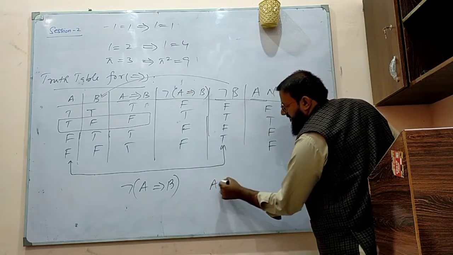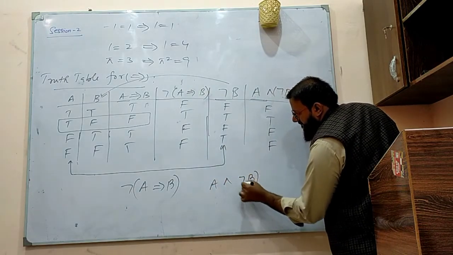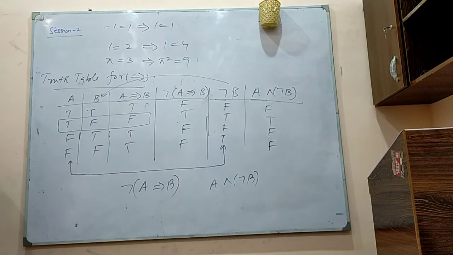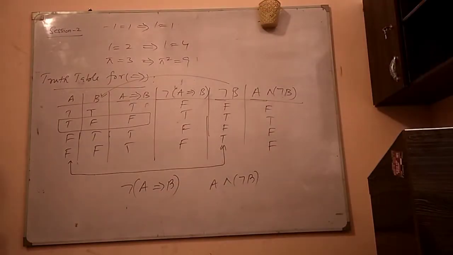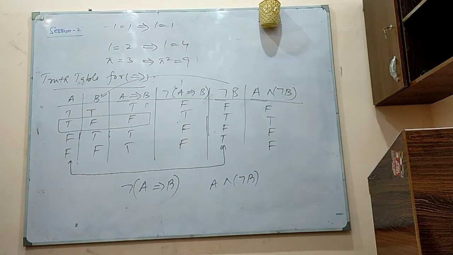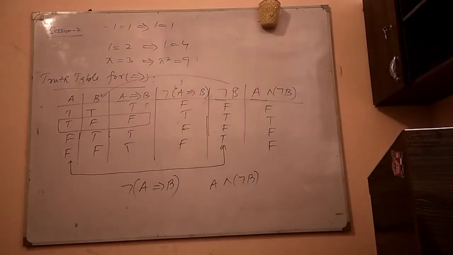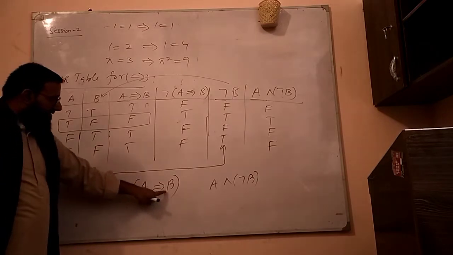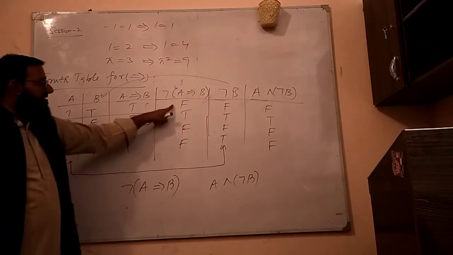What is the relationship between these two? Equal. Equivalent, I think. Yes, sir. A implies B, when it is negated, you can see the truth table.